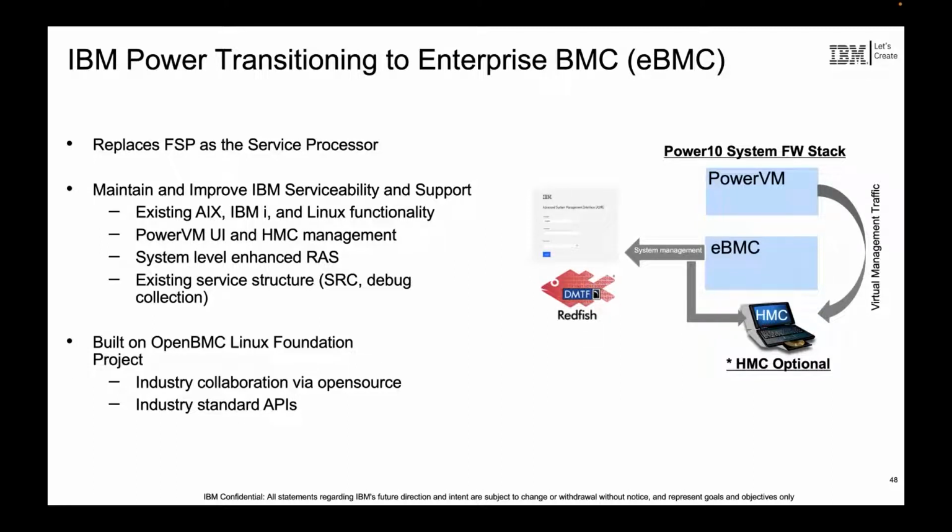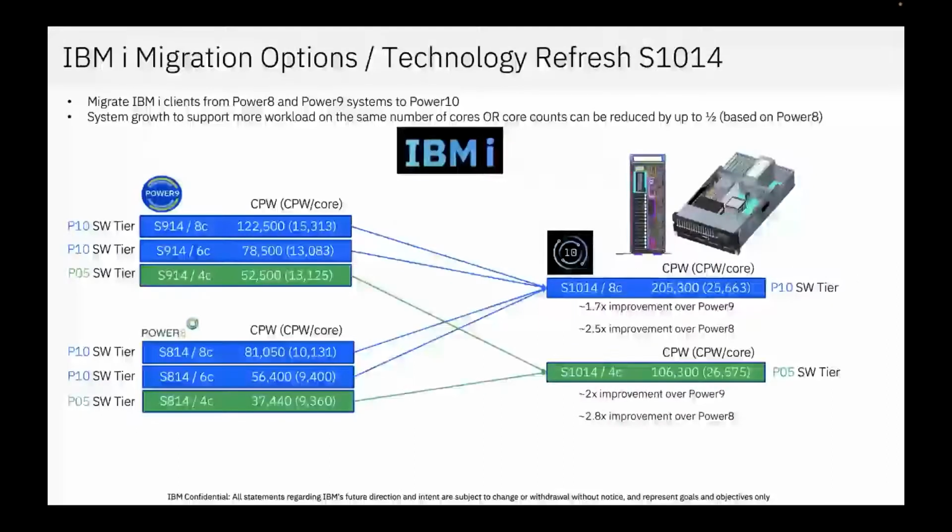FSPs were proprietary, and the more open we can be, the better for everyone, the ecosystem. So probably at the moment, there's nothing to worry about or be concerned about. We might see some operational enhanced capabilities once BMCs are pervasive.